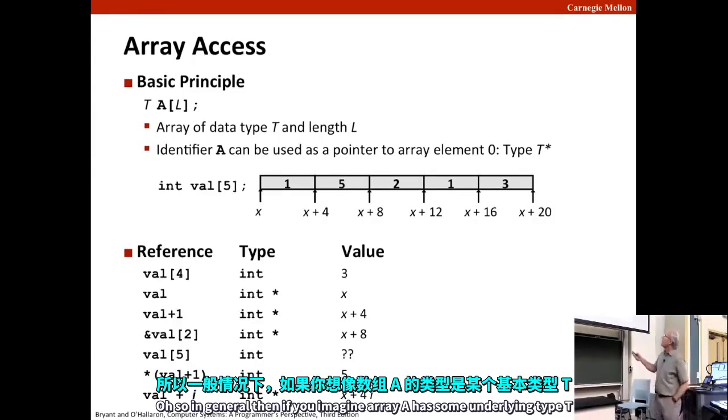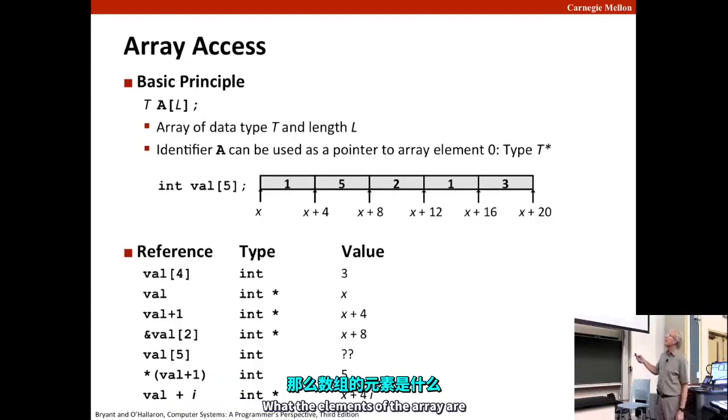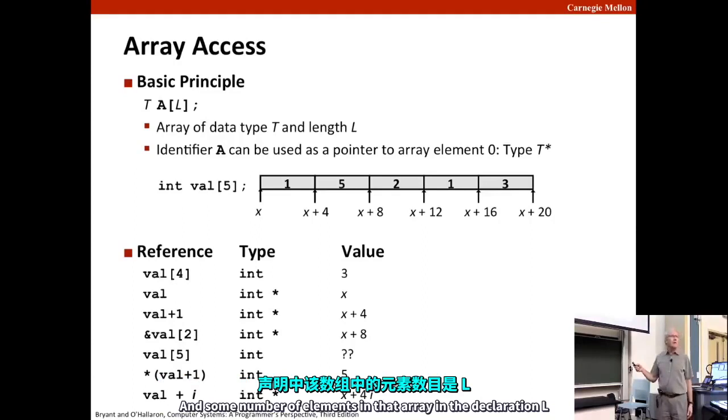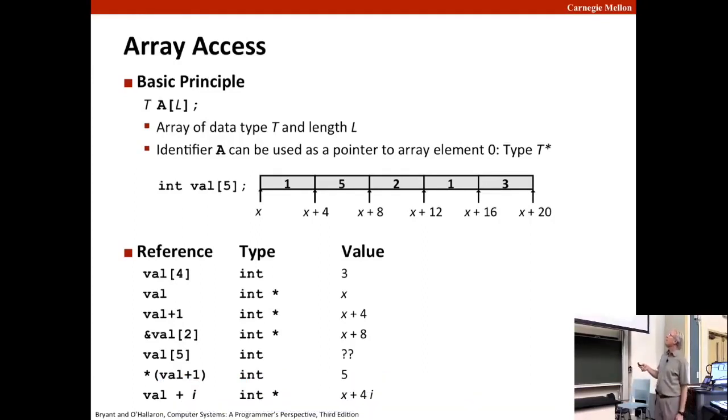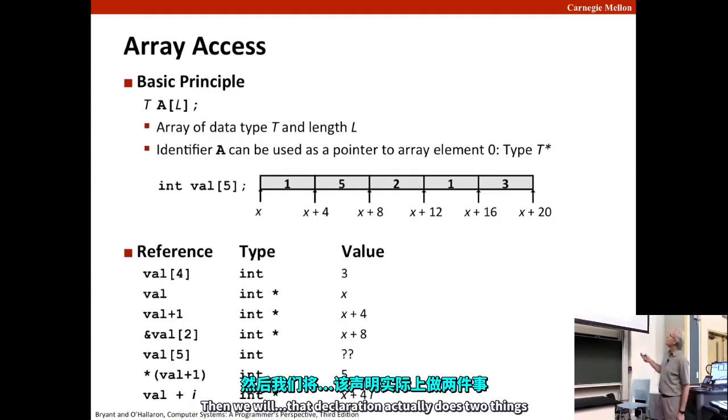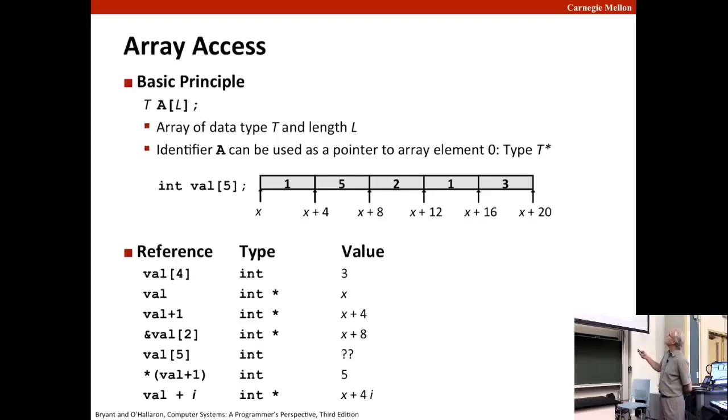So in general then, if you imagine array A has some underlying type T, what the elements of the array are, and some number of elements in that array in the declaration L, then that declaration actually does two things.